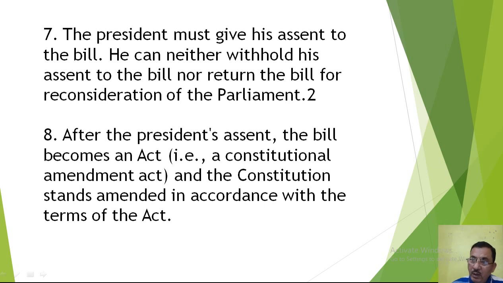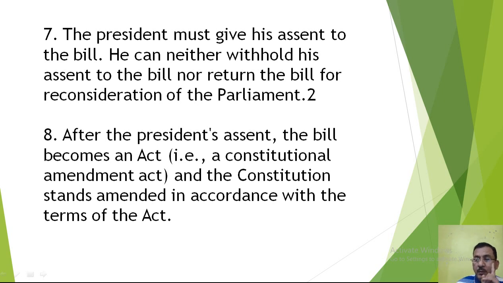And one more thing, again this question comes for the examination. The President does not have any right to withhold the bill, he can neither withhold his assent to the bill nor return the bill for the reconsideration of the parliament.